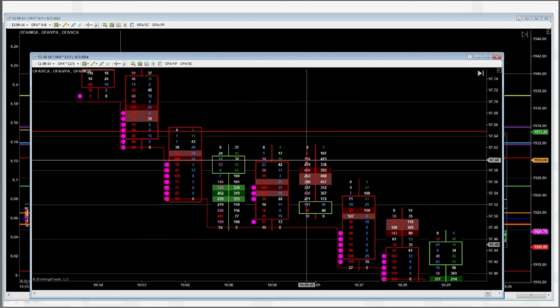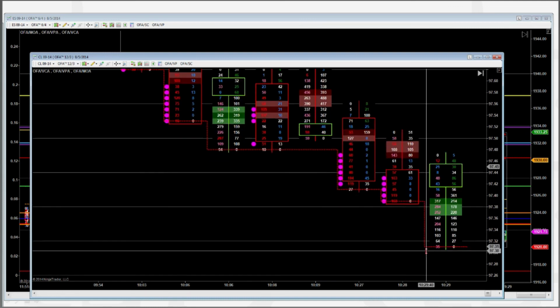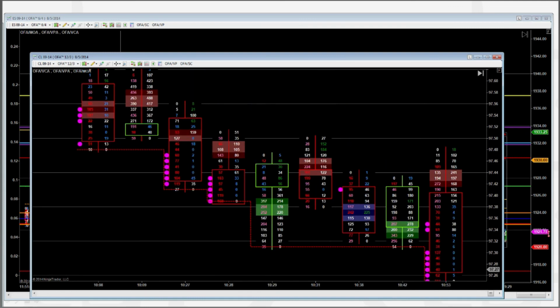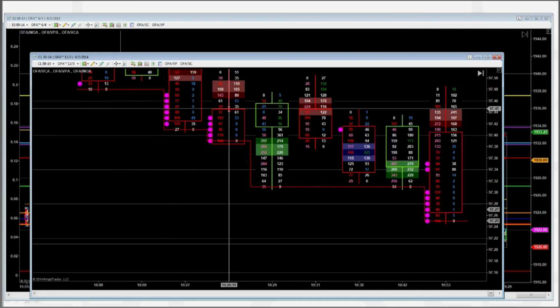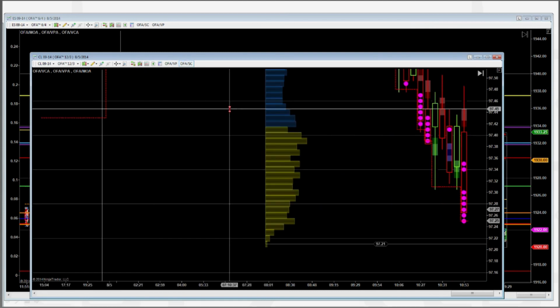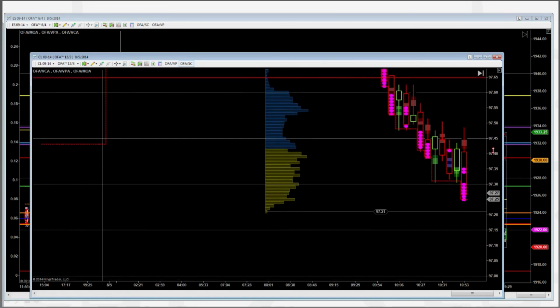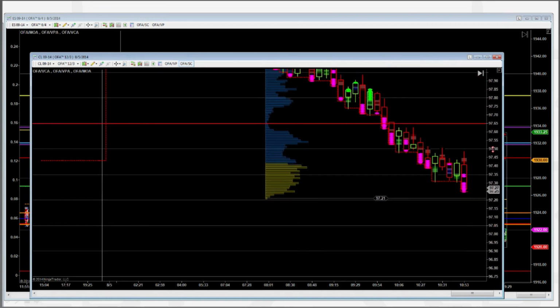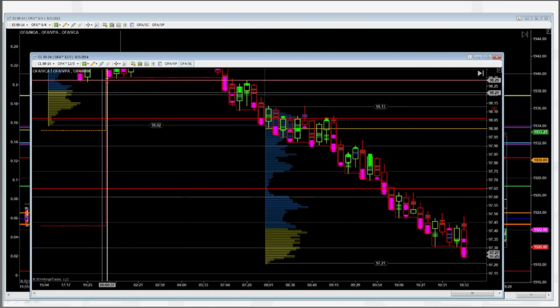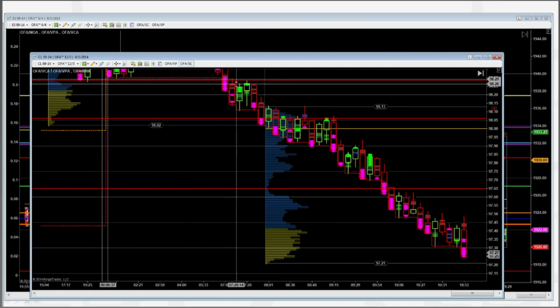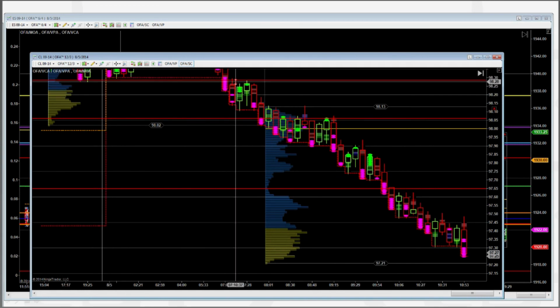We start getting strength back into the bid and lower. I love that toggle. So even in the volume profile for oil, here's the overnight. You can see trade opportunity here.